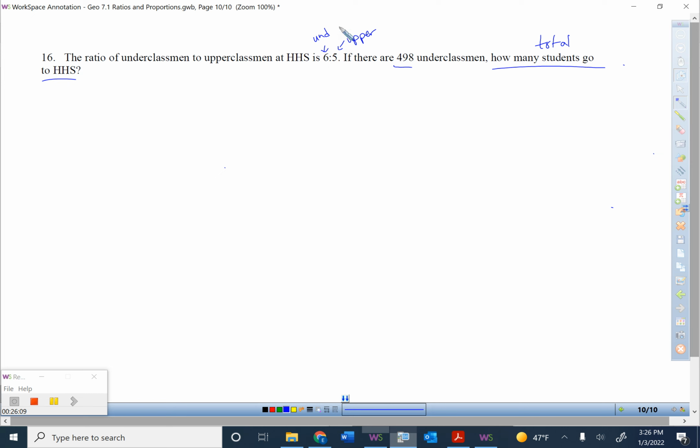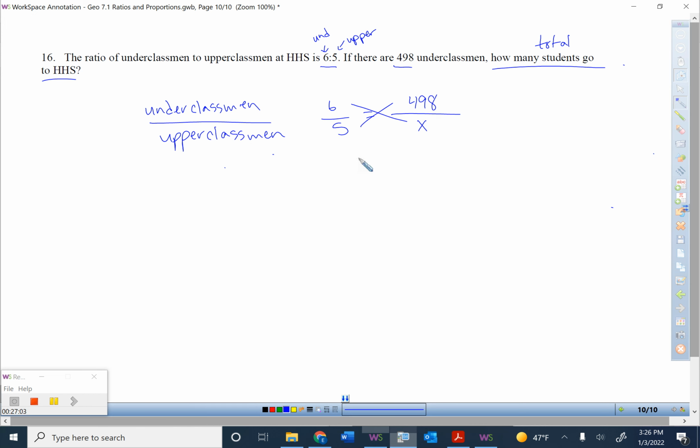Okay, so the two labels dealing with the numbers we were given here were underclassmen and upperclassmen, so that's how we're setting it up. Okay, so that is 6 to 5. And over here, 498 went with the underclassmen. So we're going to put an X here. Even though that's not what it's asking for, we do need to find it to be able to solve.